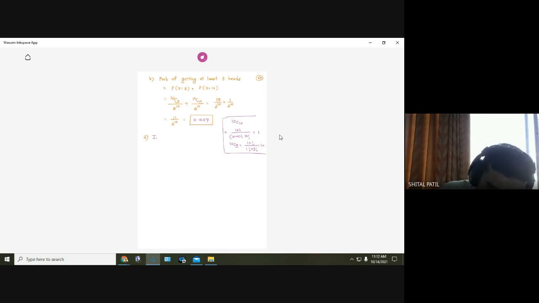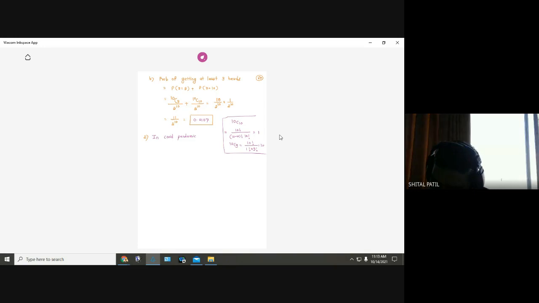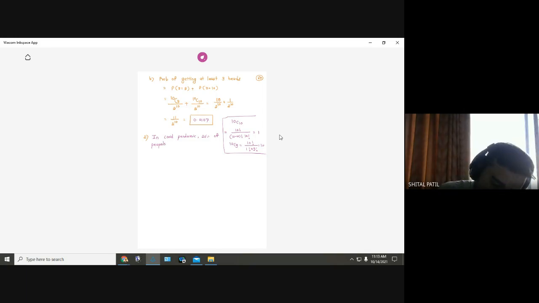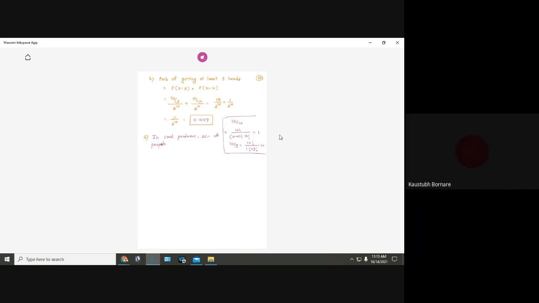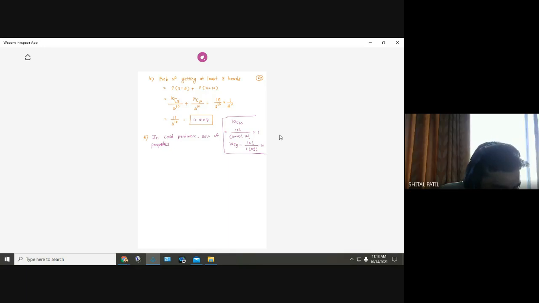In a COVID pandemic, 20% of people suffer from COVID-19.